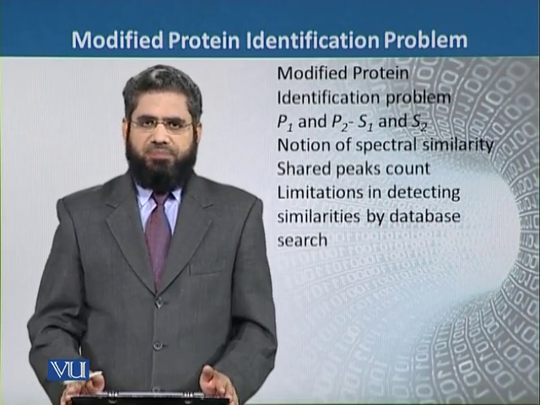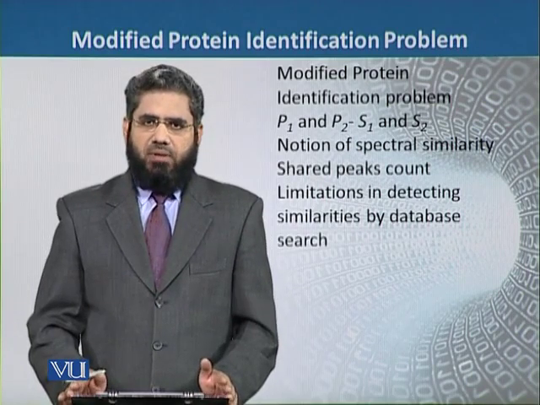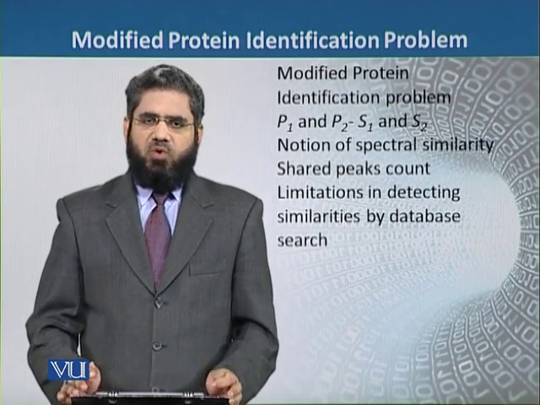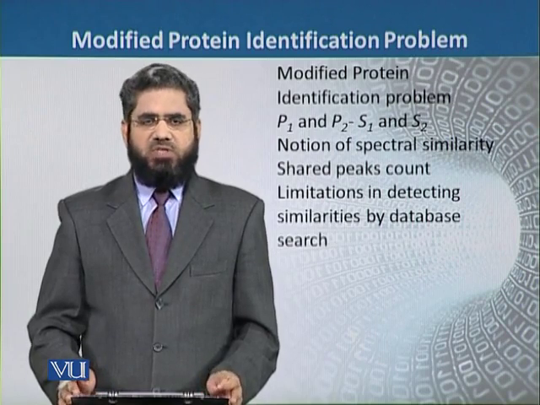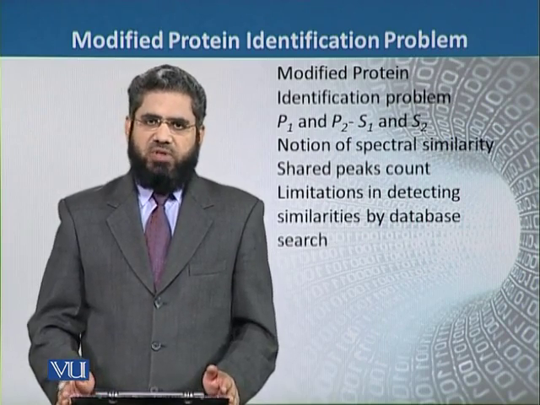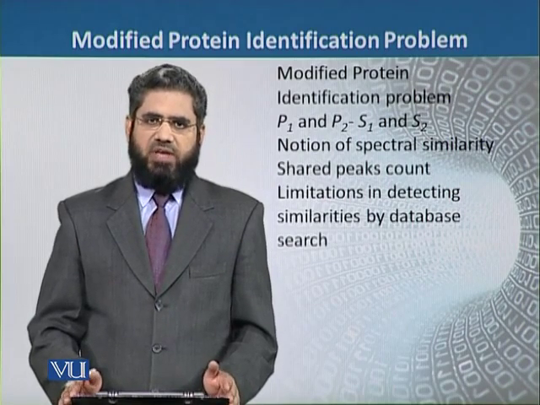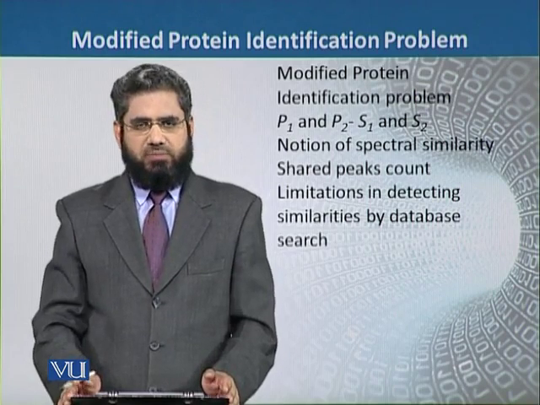So the notion of this solution is to develop a spectrum that correlates with the sequence of the proteins. But the problem is that whenever there are modifications on similar proteins, the spectra we get are very different from each other.